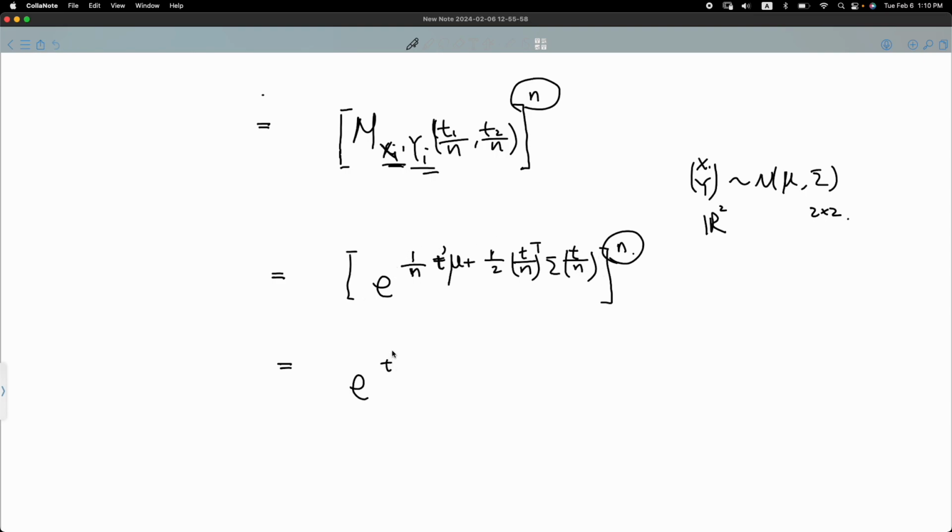So you have t transpose mu, and then plus 1/2, and then depends on how you want to write it. There's also this 2 by 2 matrix, scaled by a factor of 1 over n, and then a vector t.